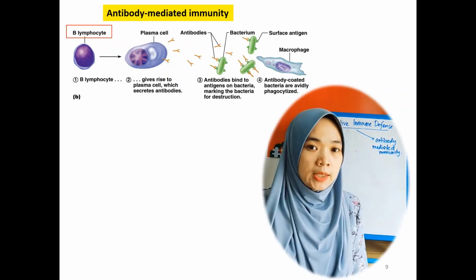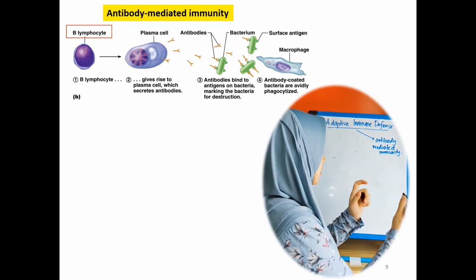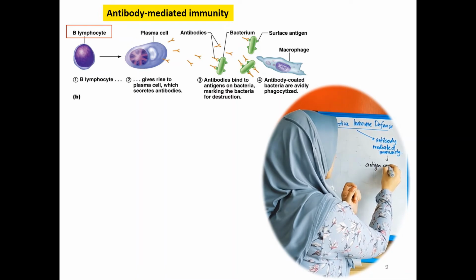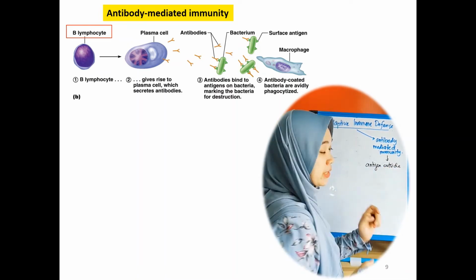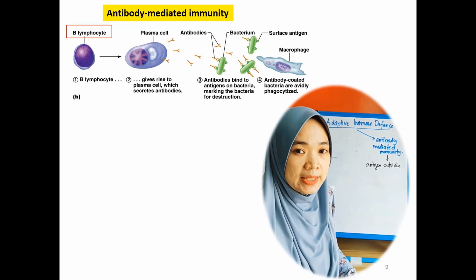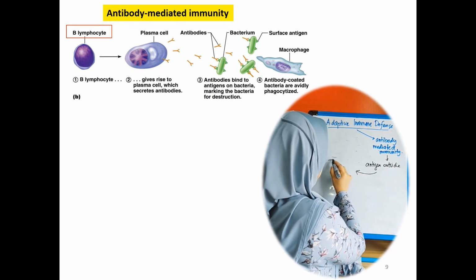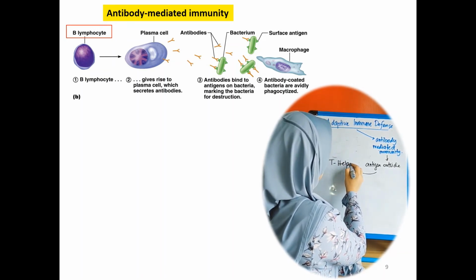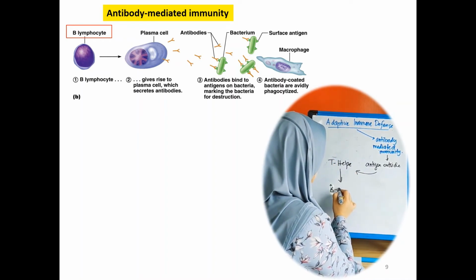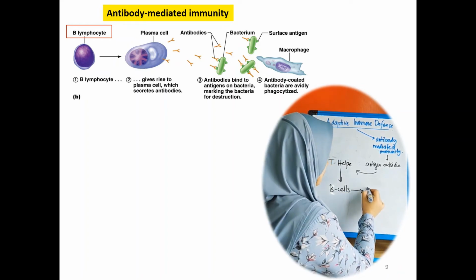Okay. Next, for antibody-mediated immunity, when an antigen from outside the body enters and is recognized by the B cells, helper T cells will tell the B cells, or will activate B cells, to produce plasma cells.